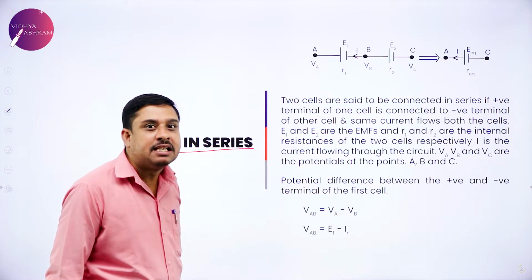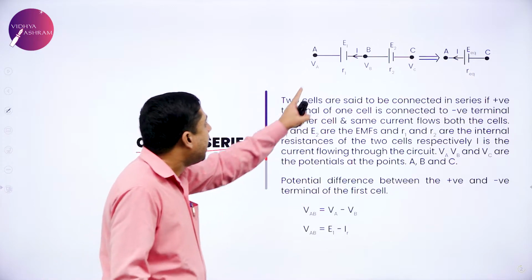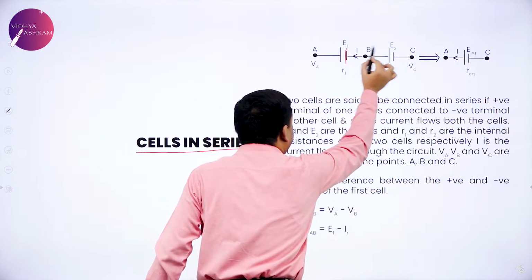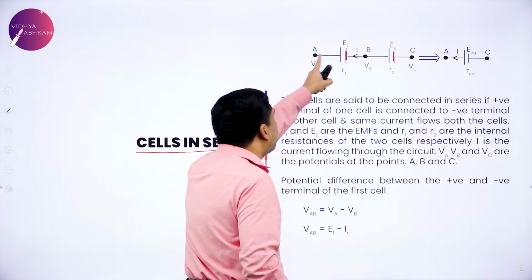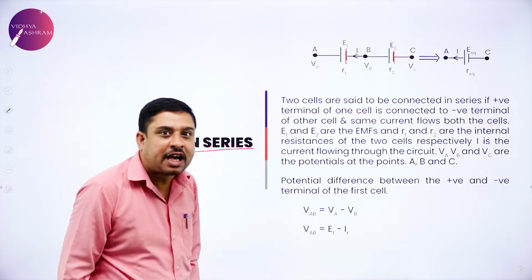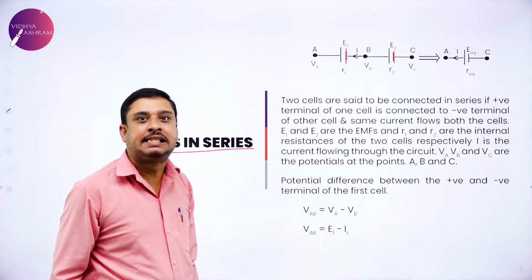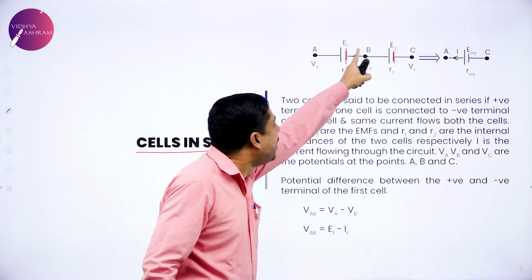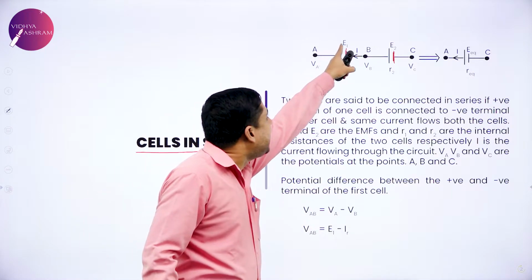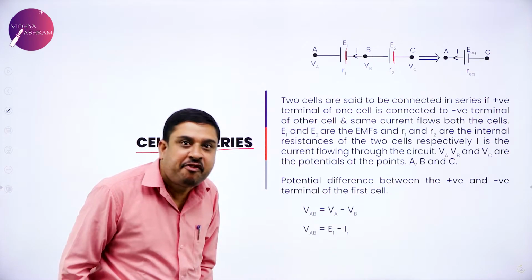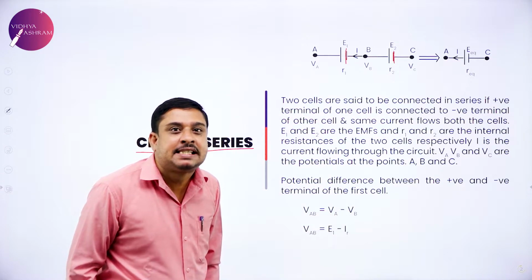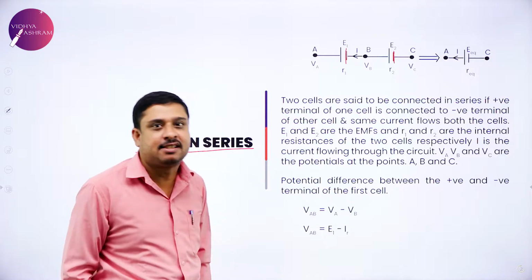If you observe the circuit diagram, I have two cells connected between the points A and C, where E1 is the EMF of the first cell and E2 is the EMF of the second cell.